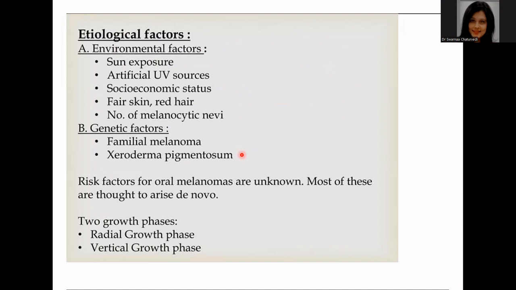In the genetic factors, familial melanoma and xeroderma pigmentosum account for these genetic factors. Risk factor of oral melanomas are unknown. Most of these are thought to arise de novo. And they have two growth phases that we see in malignant melanoma, radial growth phase and vertical growth phase.